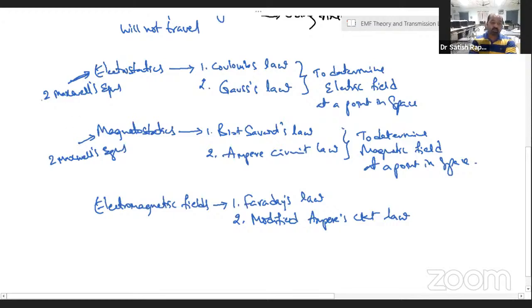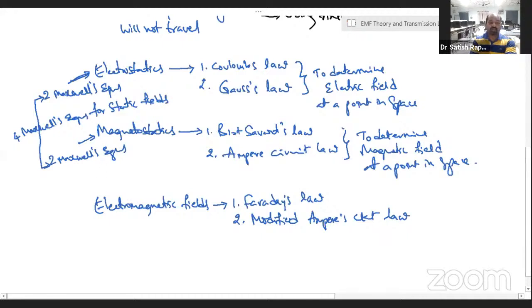Electrostatic fields give two Maxwell's equations, and magnetostatic fields give two Maxwell's equations, and together we have four Maxwell's equations for static fields.